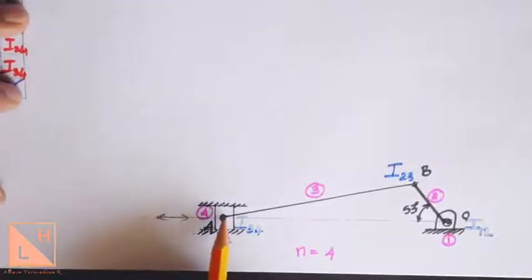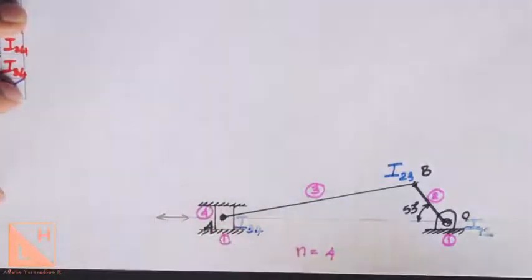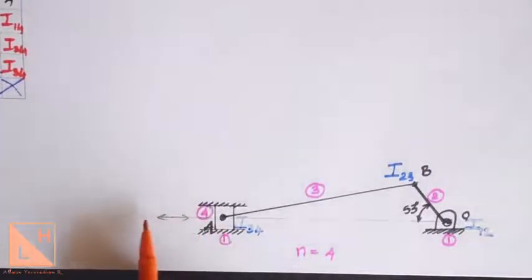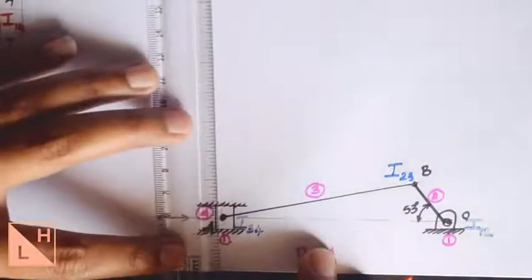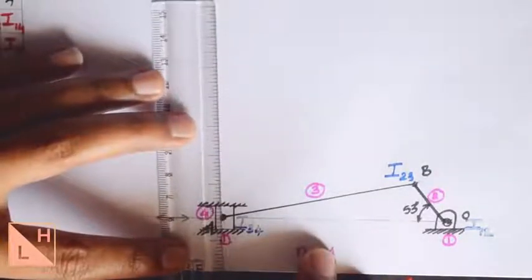So now the instantaneous center of I14, that is motion of link number 4 with respect to link number 1, should be found at infinity, right? So infinity means the radius of curvature will be found exactly perpendicular to the movement of the slider. So the slider is moving in horizontal direction, so the instantaneous center will be found exactly perpendicular to the motion of the slider.